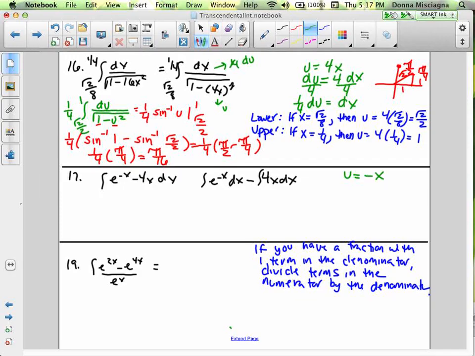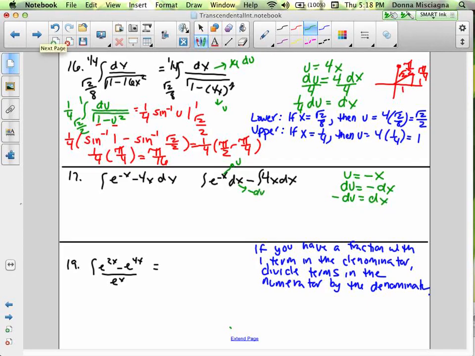It is the exponent on e, because it's not just an x. So du will be negative dx. Don't see a negative, so negative du equals dx. So the e stays, the negative x is now a u, and the dx is now a negative du, and we're all good.